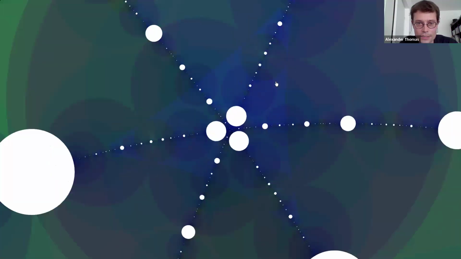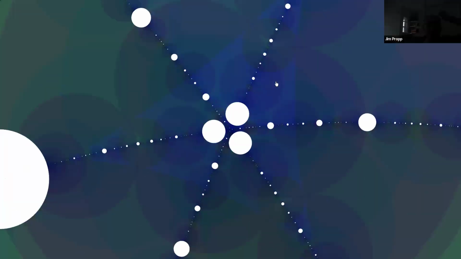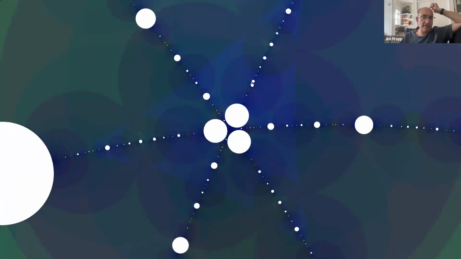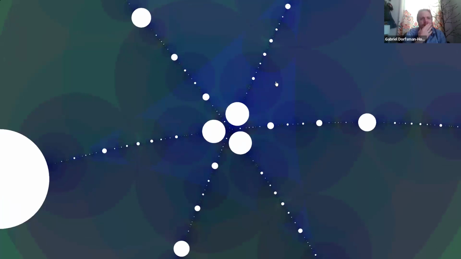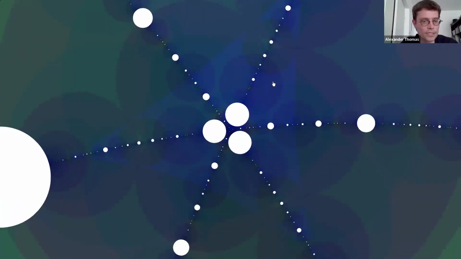It seems that everything goes well, but if you zoom in, this is one of these special points of order 3. Can everybody see it? I hope that everybody can see it.